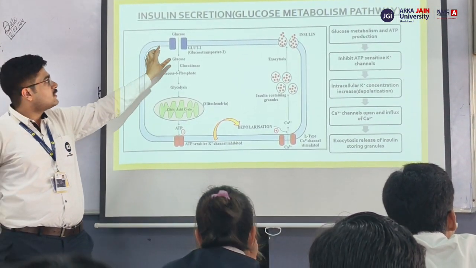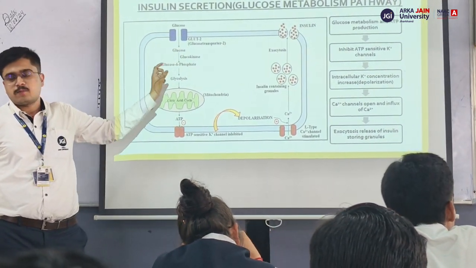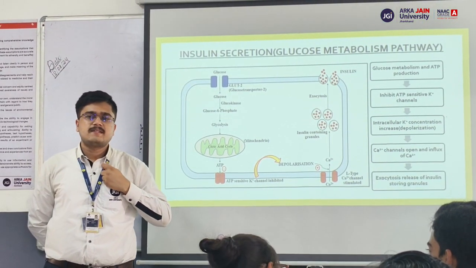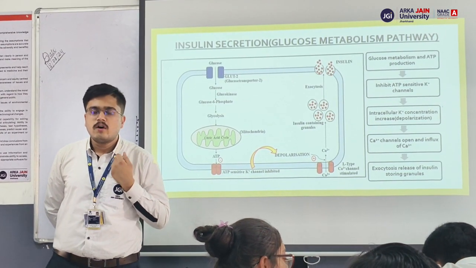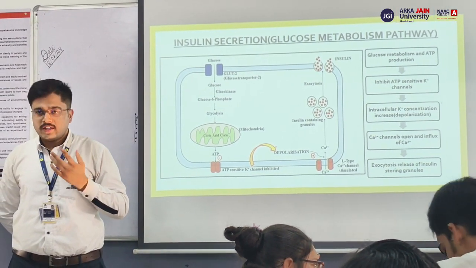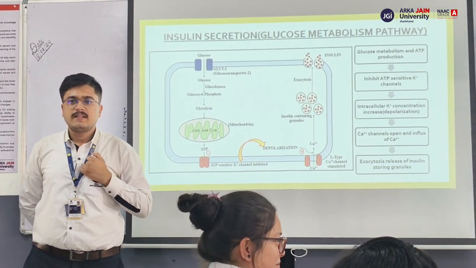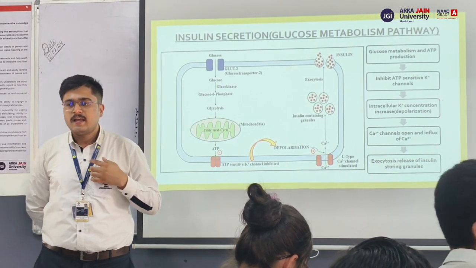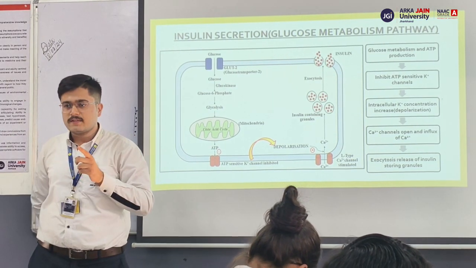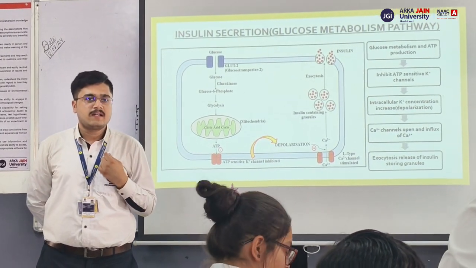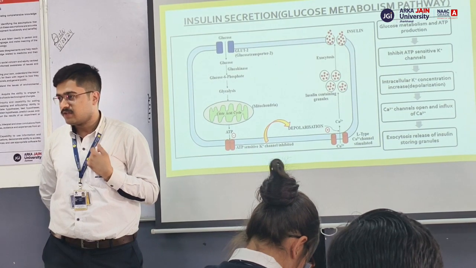So when glucose entry takes place through the glucose transporter, these glucose transporters are present in the pancreatic islets, in the beta cells, or in the liver. Then when glucose enters the cell, in the presence of glucokinase, this mechanism is taking place in the liver.